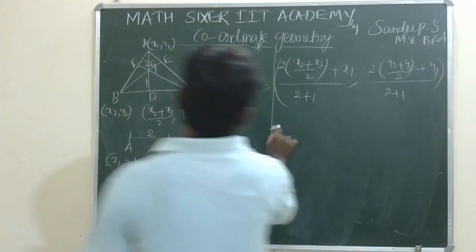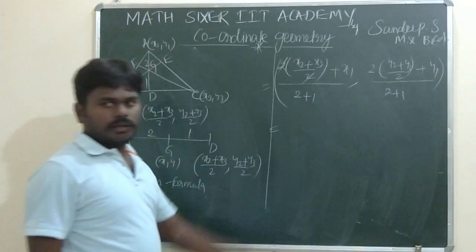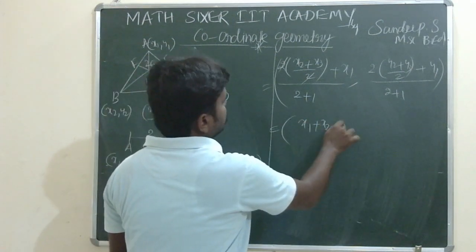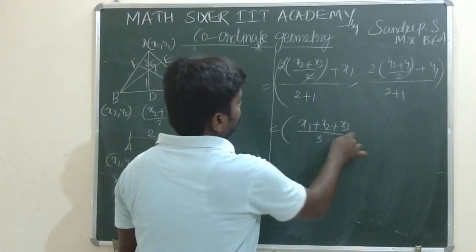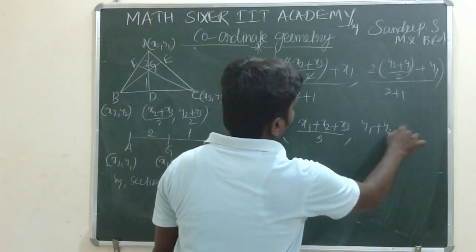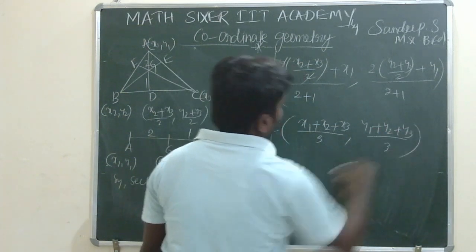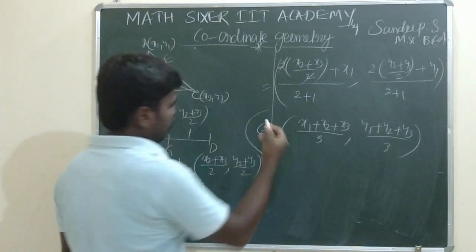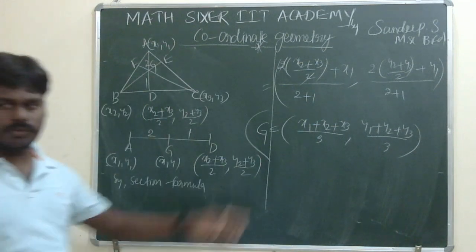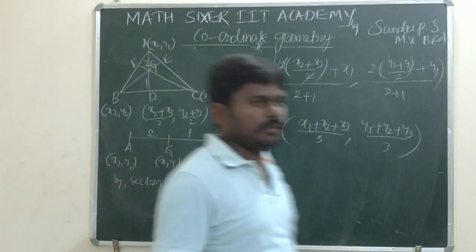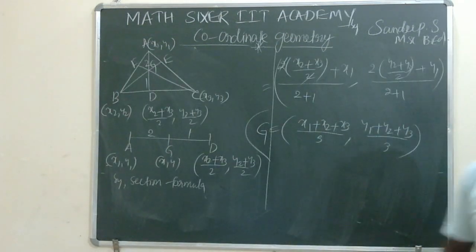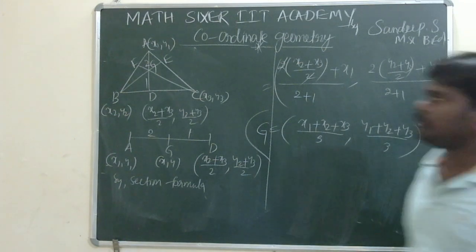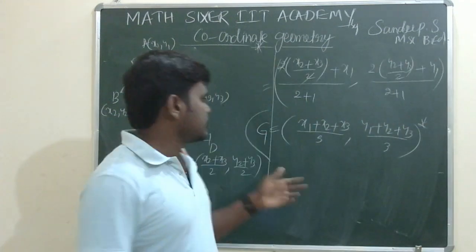So the 2 will get cancelled and in the numerator we get x1 plus x2 plus x3 by 3, and y1 plus y2 plus y3 by 3. So this is the formula to find the centroid of a triangle: G is equal to x1 plus x2 plus x3 by 3 comma y1 plus y2 plus y3 by 3. Important. So that's all about the centroid.